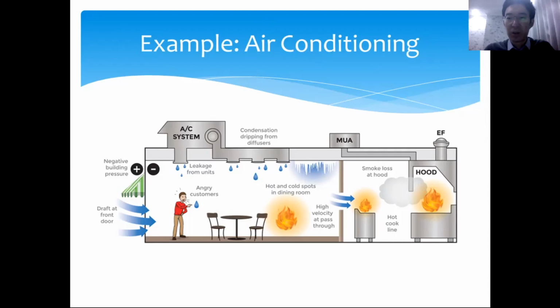So it's going to cause some problems, or mostly some difficult situations for the waiters. Also, when we have air conditioning, we're going to have some spots that are hot and some spots that are cold.